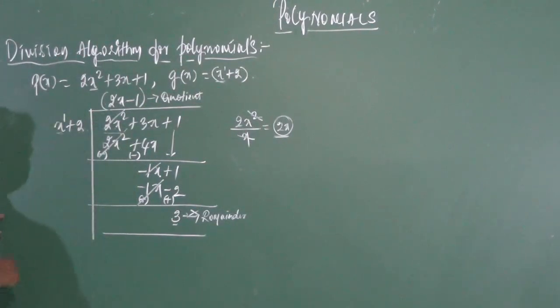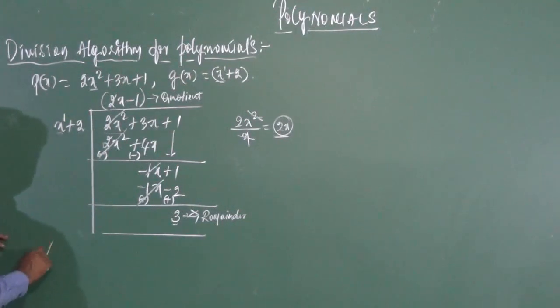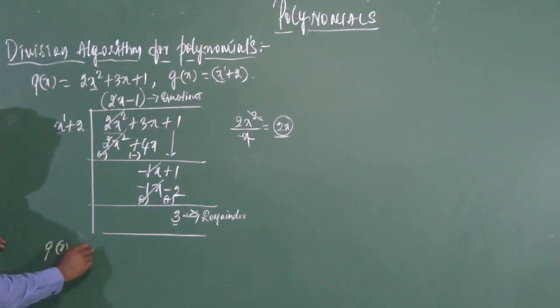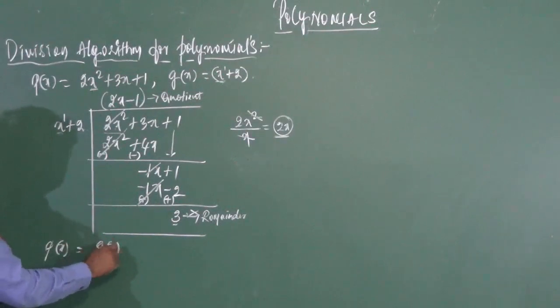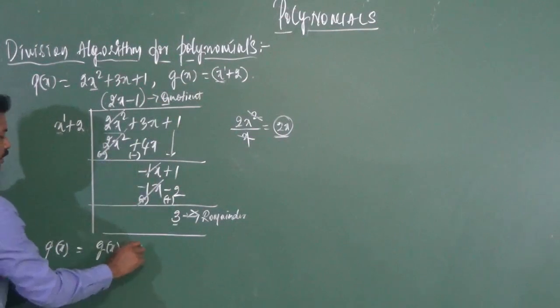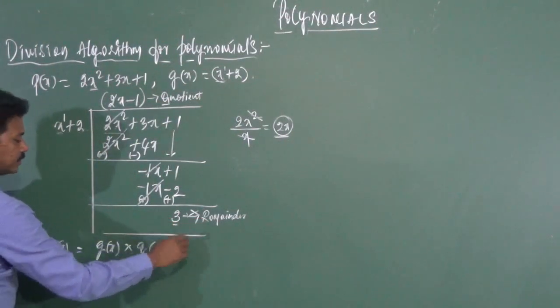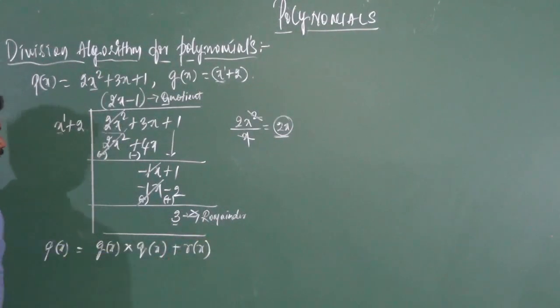So now let us check out the result, that is p of x is equal to g of x into, let us call this quotient q of x, plus, as this is the remainder, let us call it r of x.